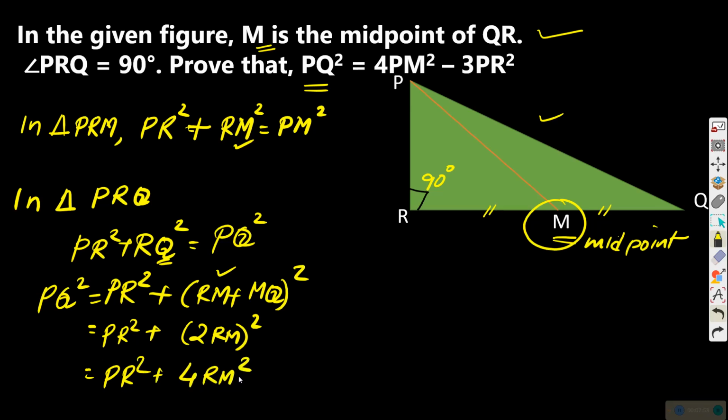RM can be there as a connecting PR square plus 4RM square. 4RM square, what we have to connect. Okay, now we will go ahead. How can we connect now? PR square plus 4RM square.